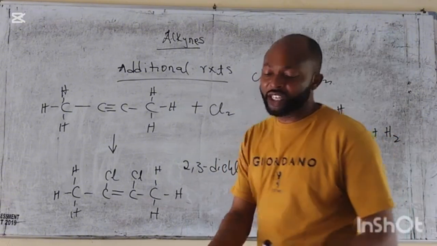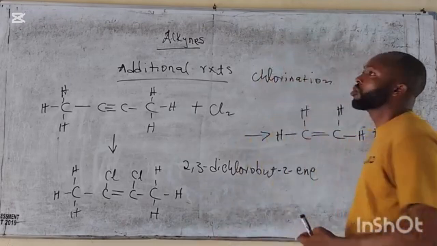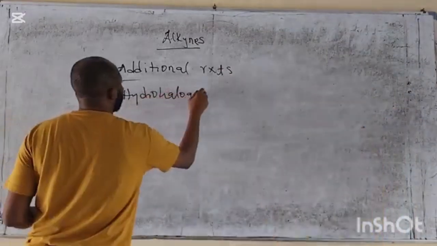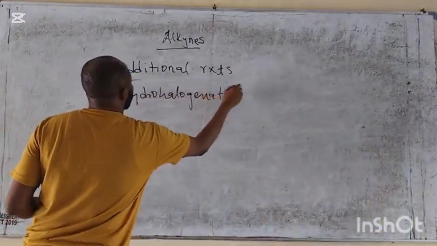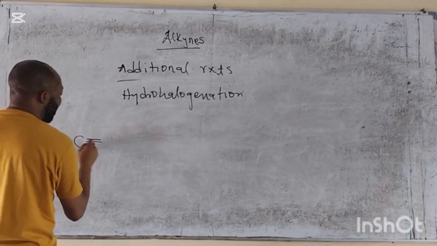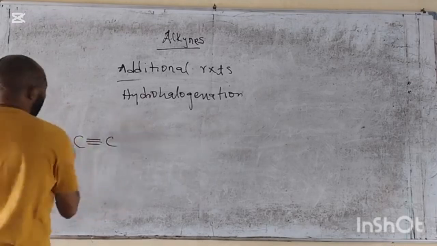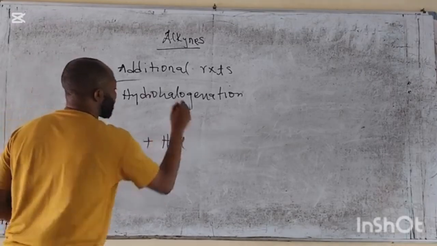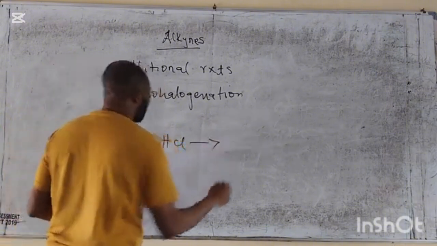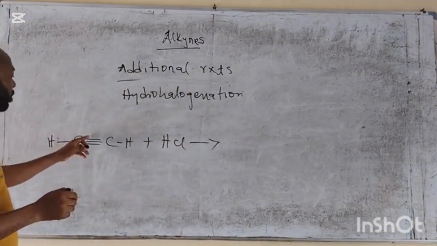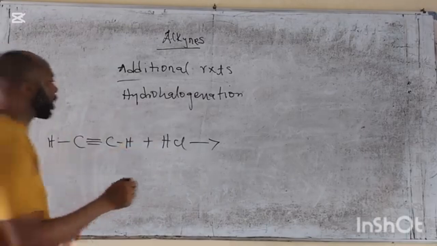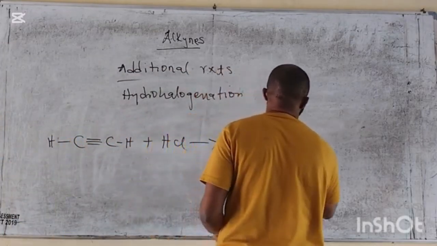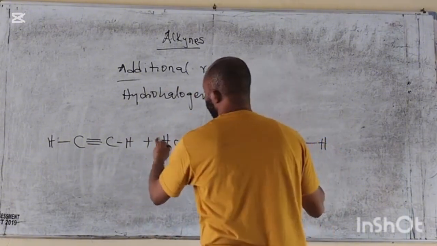Let's take another addition reaction, with hydrohalogenation. Let's take an example. We still have our ethyne. This is our ethyne plus hydrogen chloride, HCl. What do we get? Now remember this bond will be gone, and these two will replace it. So I have my carbon 1, 2. This hydrogen will come over here.